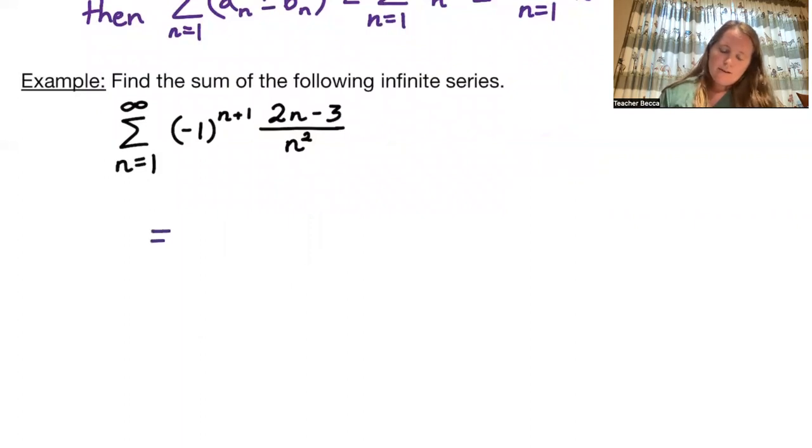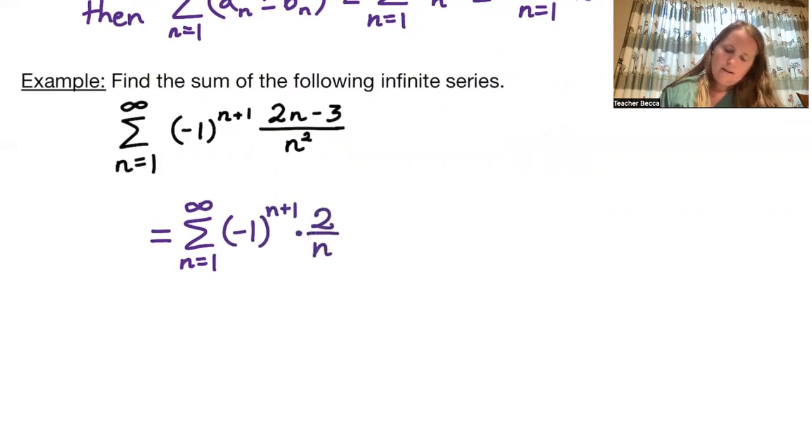So this should be the same thing as the sum from n equals 1 to infinity of -1 to the n plus 1 times 2 over n, and then we have minus -1 to the n plus 1 times 3 over n squared.